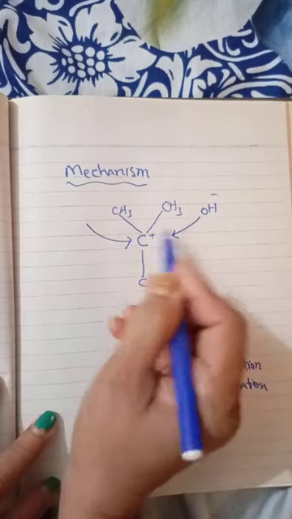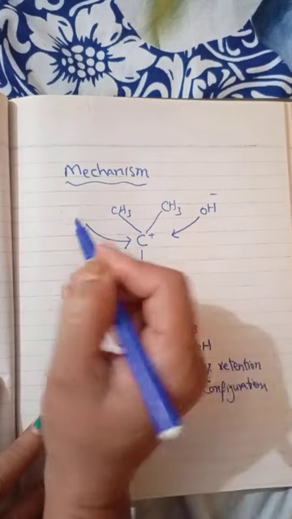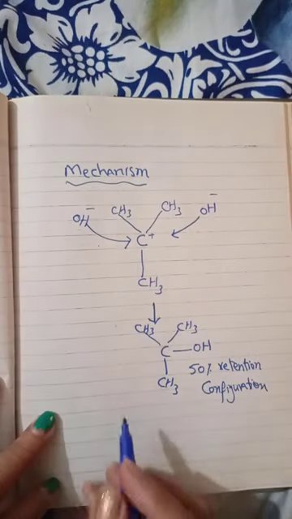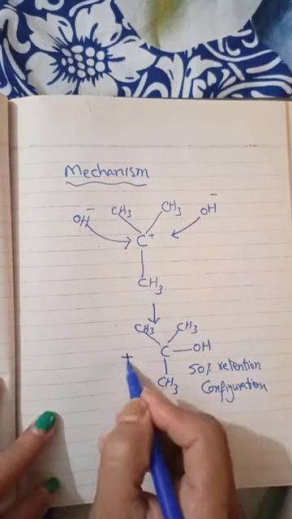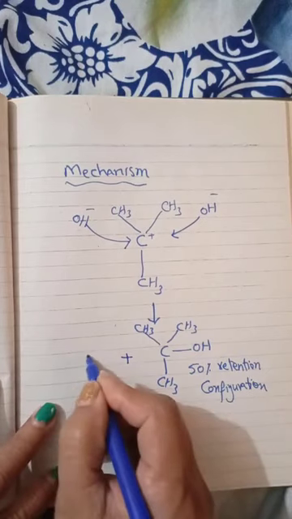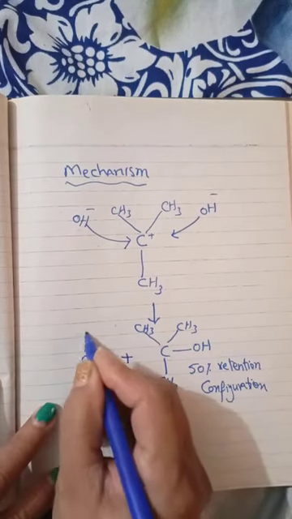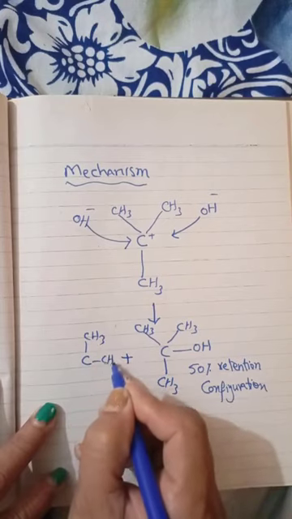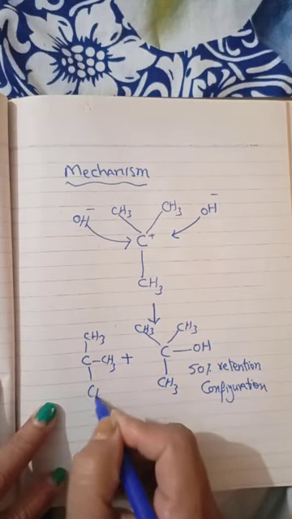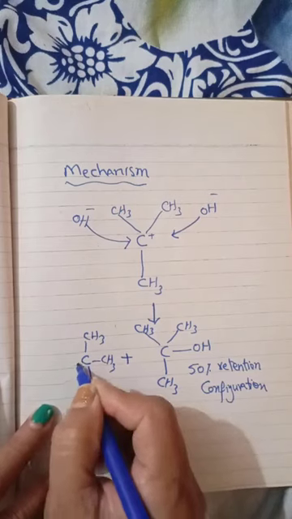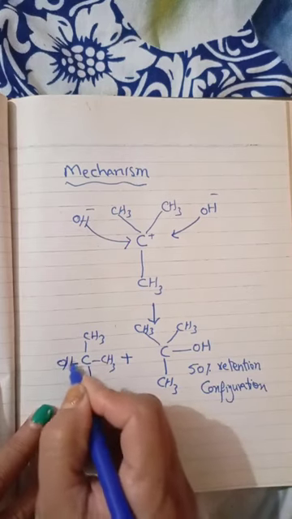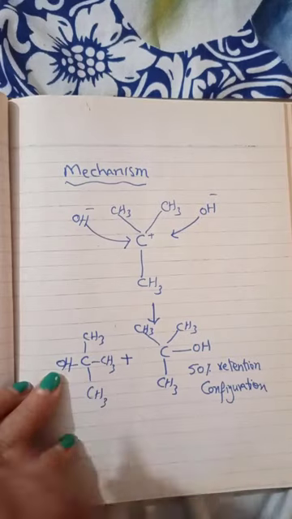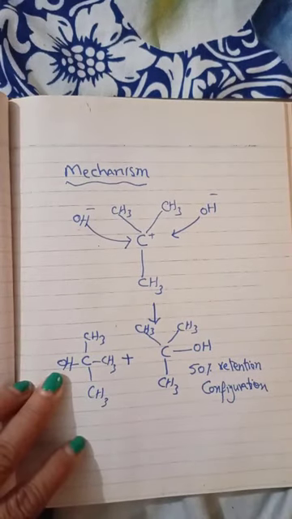Now what happens if OH attacks on this side? Suppose it attacks this way, because it is a planar structure and it can attack from anywhere. It attacks on this side. At this time we will get a structure like this. You can write it in this way also, no problem. CH3 and OH. This OH is different from the X leaving group.